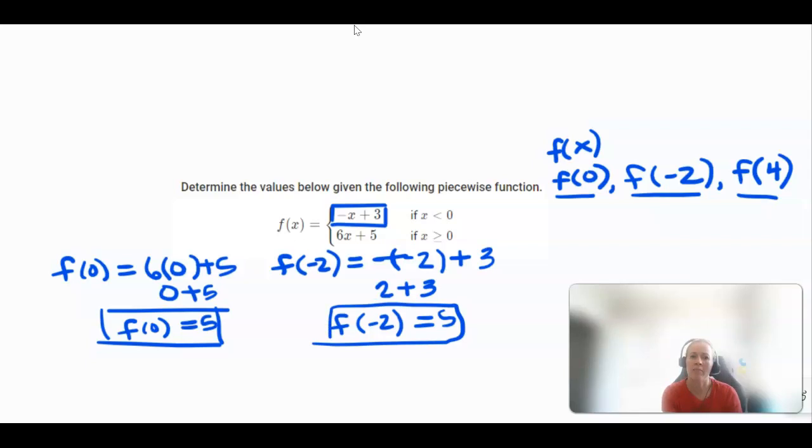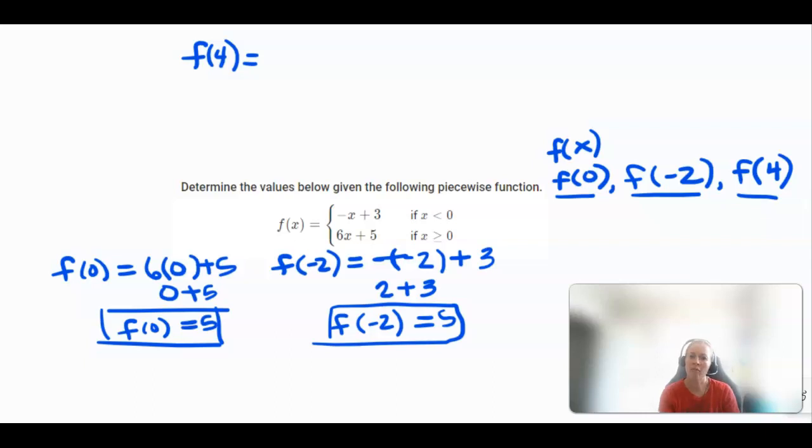We have f of 4. I'm running out of space down there, so I'll take it up here. So f of 4, we need to do the same thing. We need to see where does this fit in. So if x is less than 0, top function, if x is greater than or equal to 0, bottom function, well, where does 4 fit in? Is it going to be the top one or the bottom one?